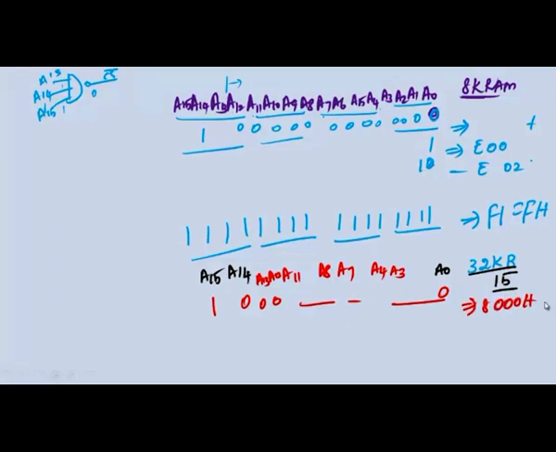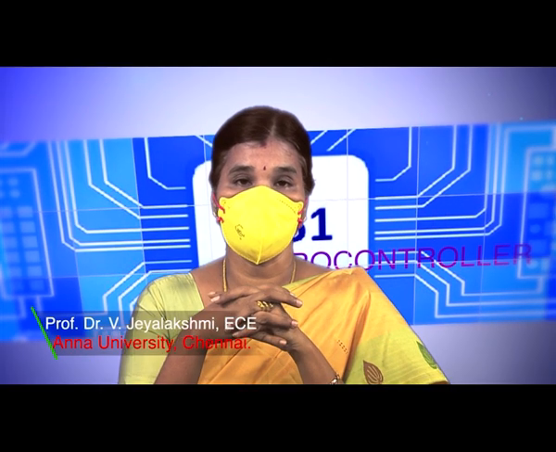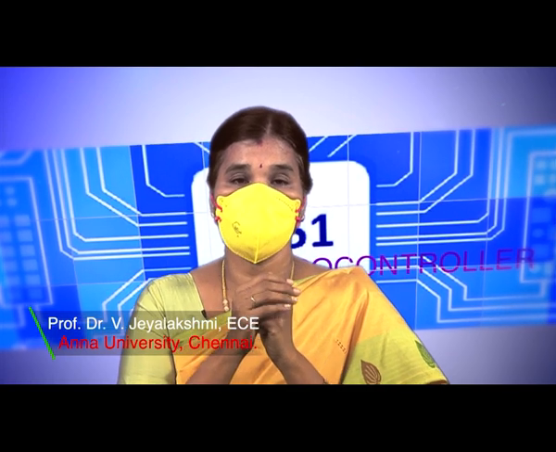The address will increase as 8001, and so on up to the maximum address, where all are ones, so it becomes FFFFH with A15. So for the 32 kilo ROM, the address is from 8000H to FFFFH, and for the 8 kilo RAM, E000H to FFFFH. I think you will get the idea how to interface the microcontroller with the memory.